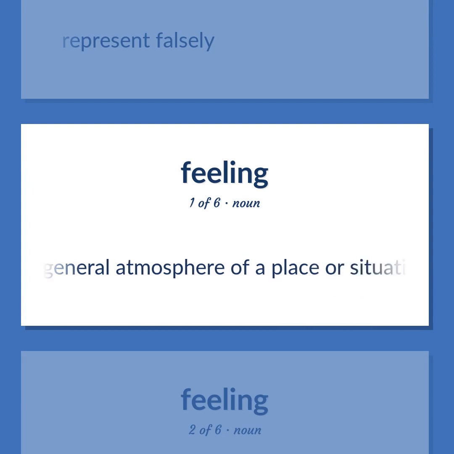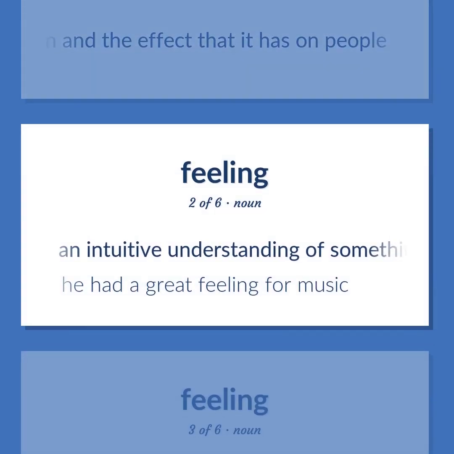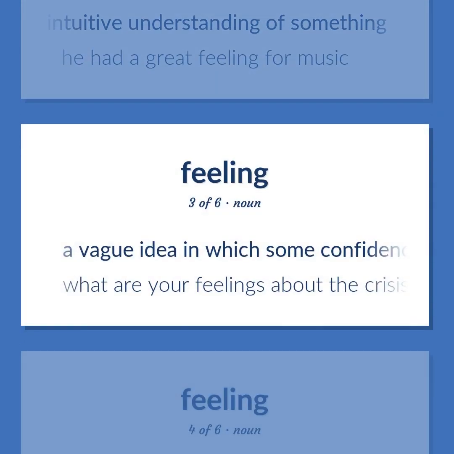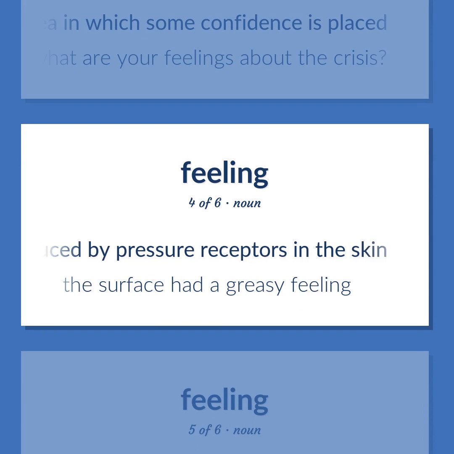The general atmosphere of a place or situation and the effect that it has on people. An intuitive understanding of something. He had a great feeling for music. A vague idea in which some confidence is placed. What are your feelings about the crisis? The sensation produced by pressure receptors in the skin.